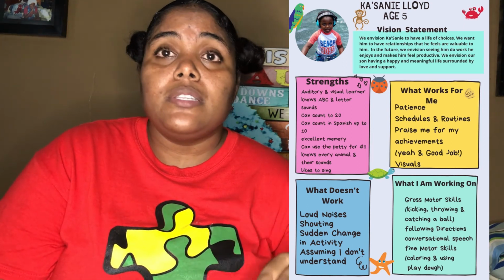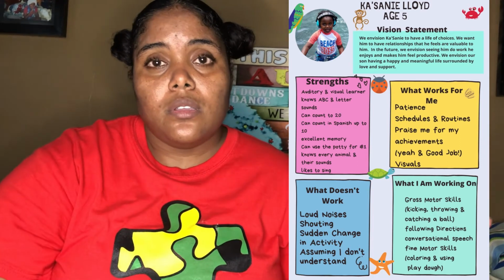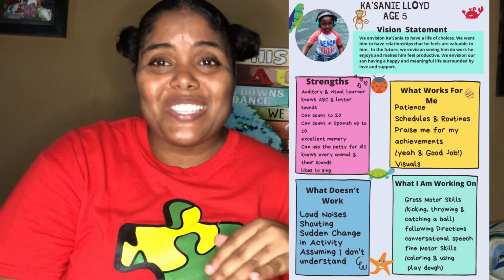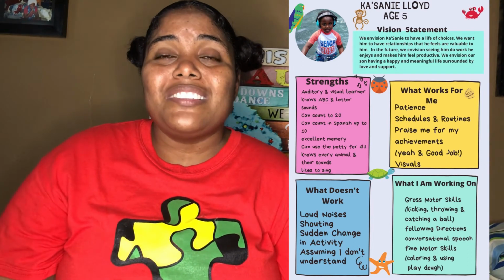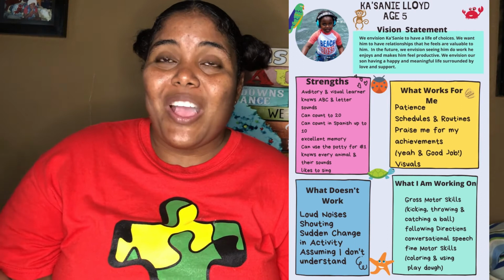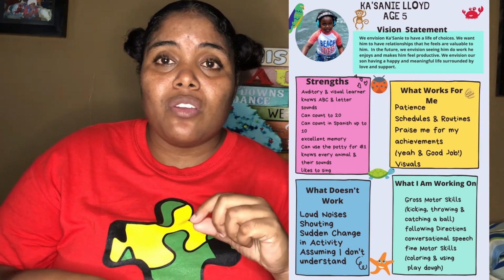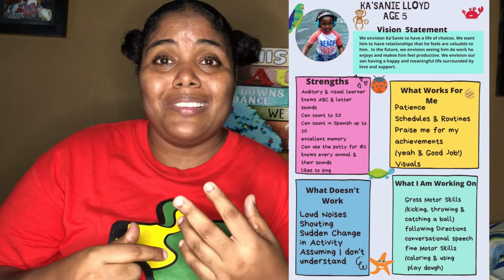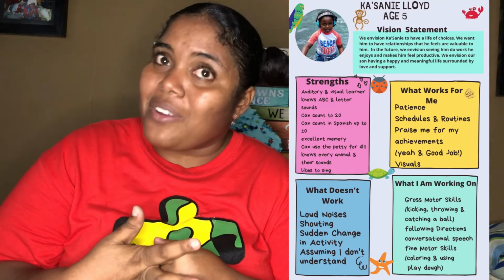Schedules and routines, he thrives on those, so you have to ensure that you don't mess up his routine. If you mess up his routine, you're messing him up. So schedules and routines work. Also, visuals. If he's seeing a picture, you'll get him to be verbal. So that will work.